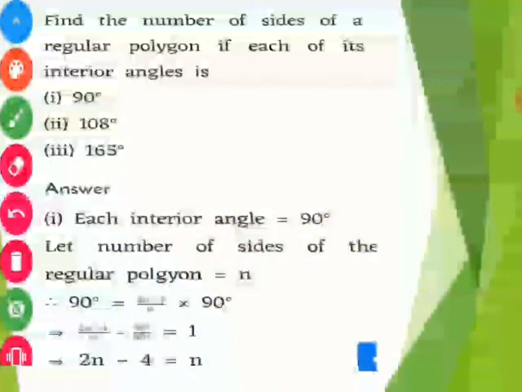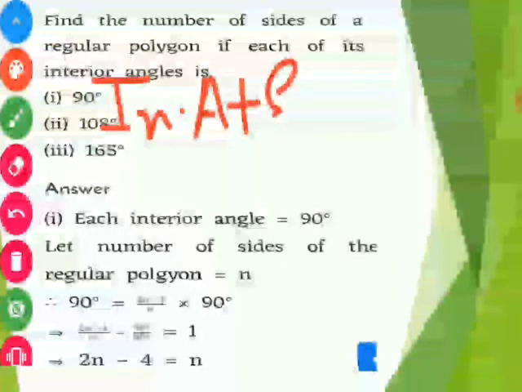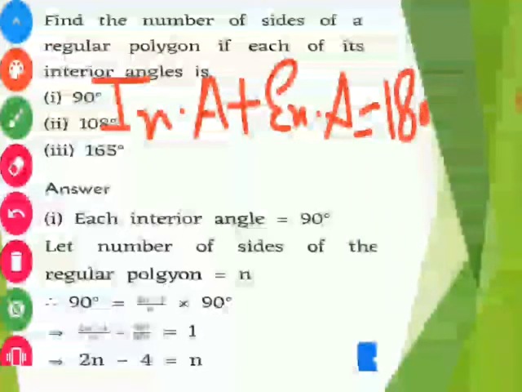Now another way is very short and very easily you can find it out. So see that method also. Whenever there is a pair of angles, there is always an interior and exterior angle pair. So interior angle plus exterior angle, sum is always equal to 180 degree.